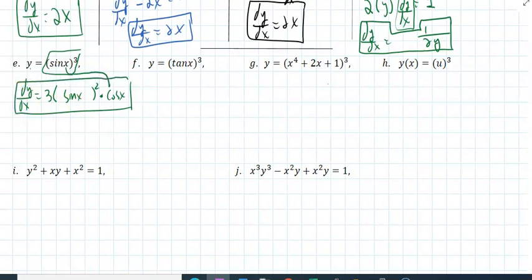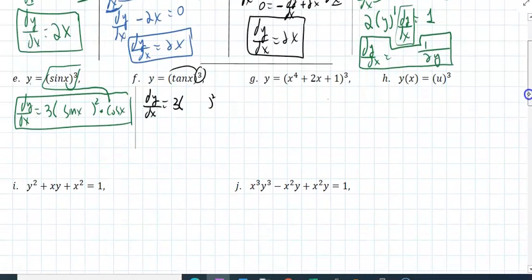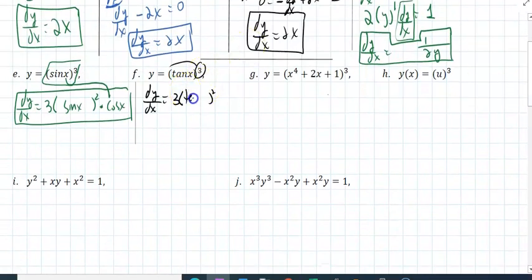If I was to look at the next example, take a derivative, well, it's still a y cubed. If I take a d dx of y, you bring the power down, subtract 1 from the power, kind of what we just did right there, and then times the derivative of the inside, which is secant squared of x.